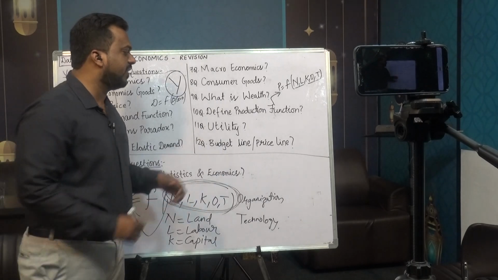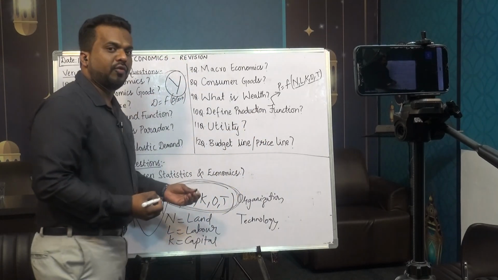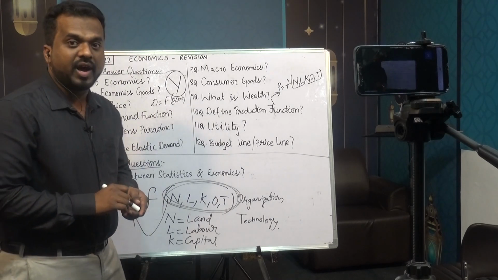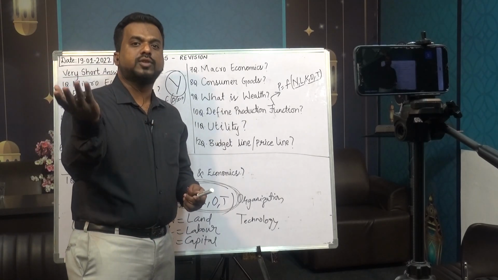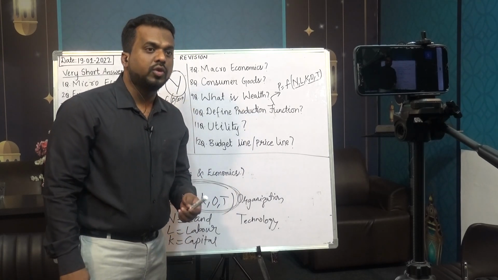What is utility and what are the types of utility? अगर what is utility पूछा तो वो 2 मार्क में पूछा जाएगा. What are the types of utility? It will be asked in 5 marks also. Okay, utility is what?